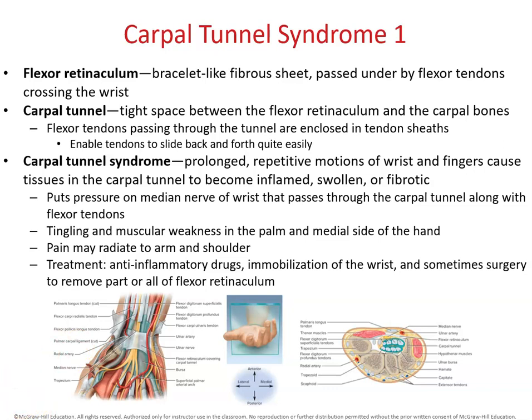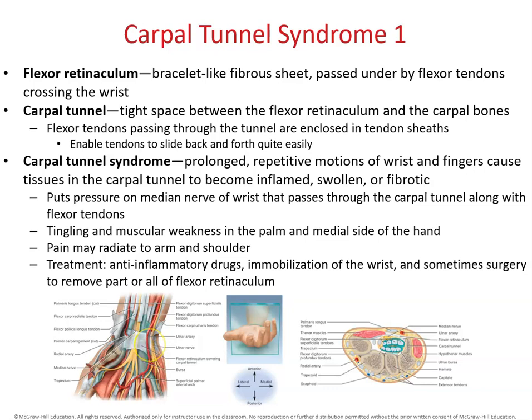Carpal tunnel syndrome is one of the problems that a person can have with their wrists. And it happens when the flexor retinaculum, okay, so that's this right here, the flexor retinaculum, it kind of fits like a bracelet under your skin. It's a fibrous sheet, and the flexor tendons pass under this, so it's got some protective qualities here. The carpal tunnel is literally a tight space between this fibrous sheet and the carpal bones.